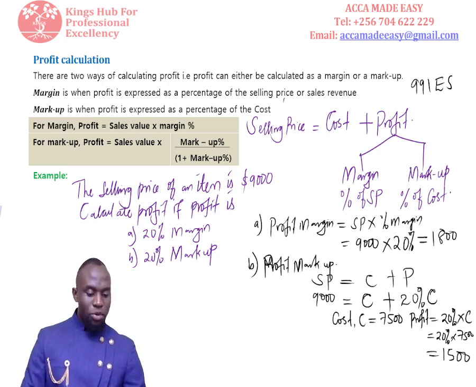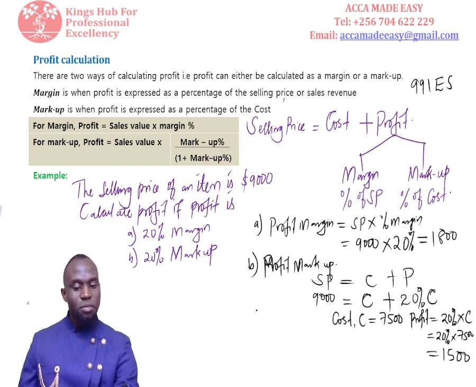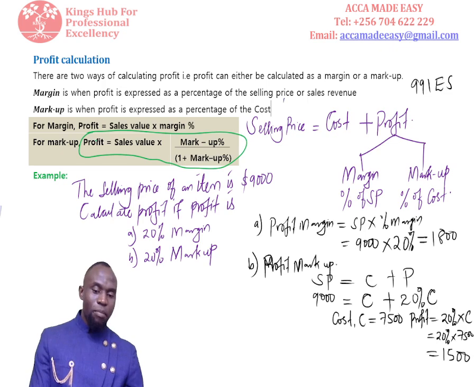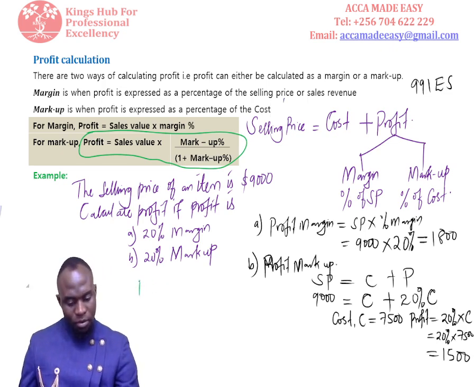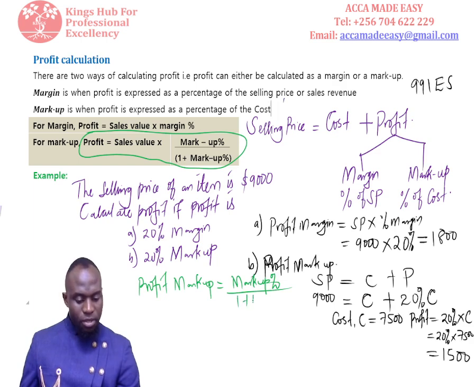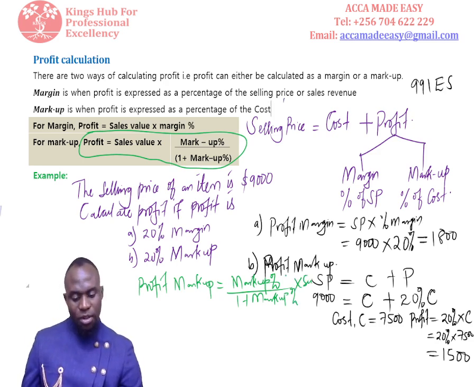Now some people are not good at doing this math, so markup might be hard for you. However, I have a simplified formula for you. If you want the profit in terms of a markup, it will always be the markup percentage divided by 1 plus the markup percentage, times the sales value.